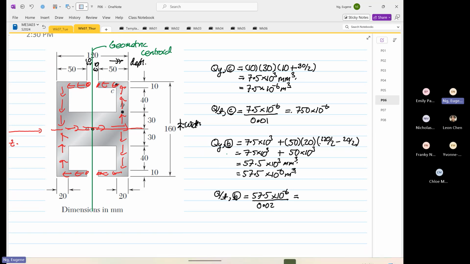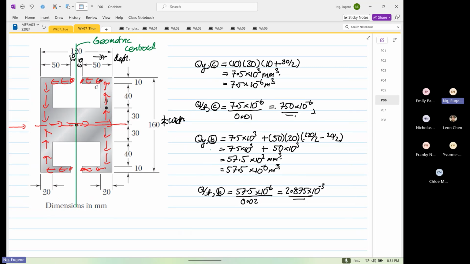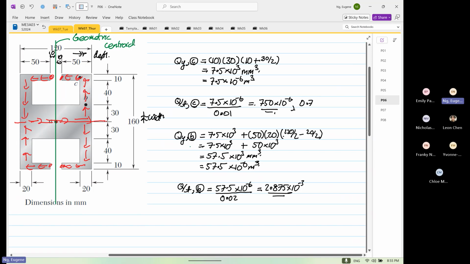Now the value has increased to 2.875 times 10 to the power minus 3, which is bigger now compared to what we had before, 750 times 10 to the power minus 6. In terms of minus 3, that is 0.75 times 10 to the power minus 3.